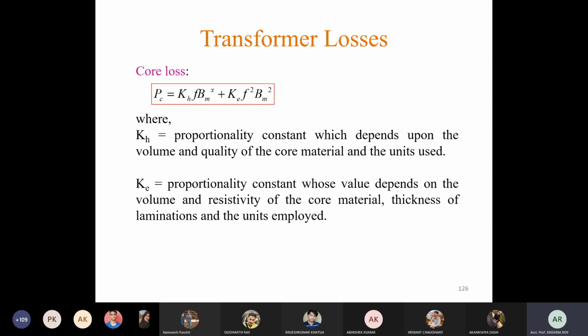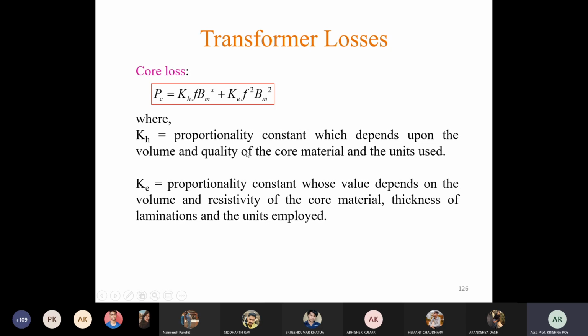This thin sheet of silicon steel is stacked one over the other, and in between there is some insulation. So Ke also depends on the thickness of the laminations, and also the units used.